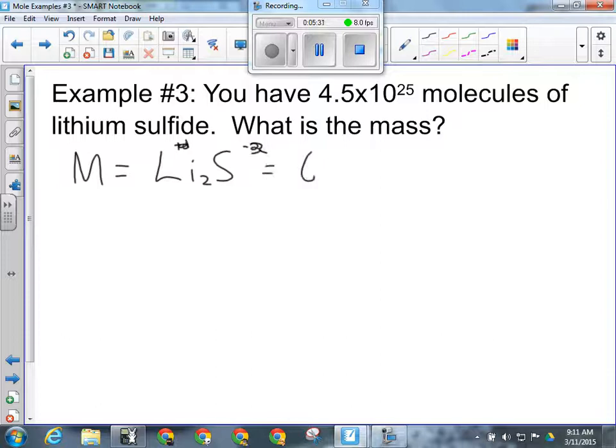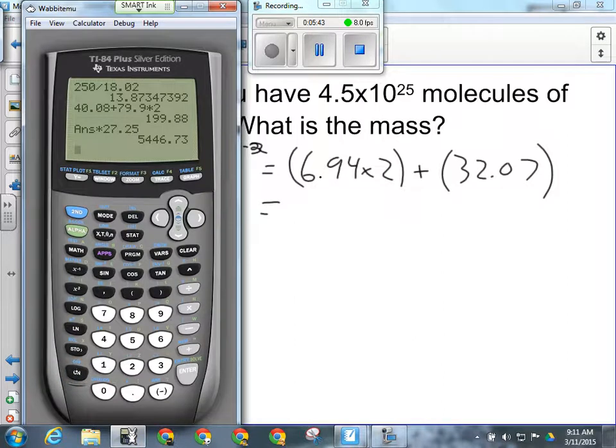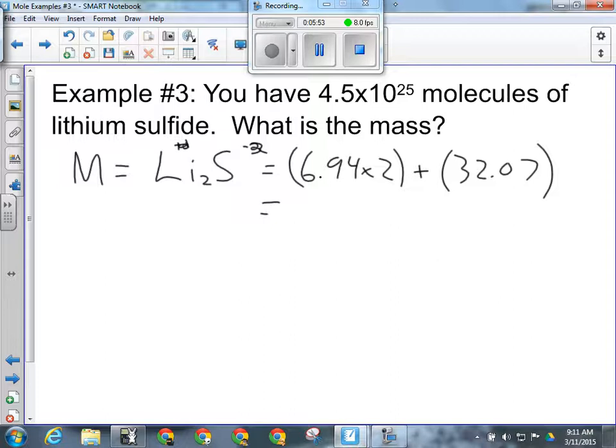So we got 6.94 times 2 plus 32.07. Is that right? Yeah. All right, so we got 45.95 for our molar mass.